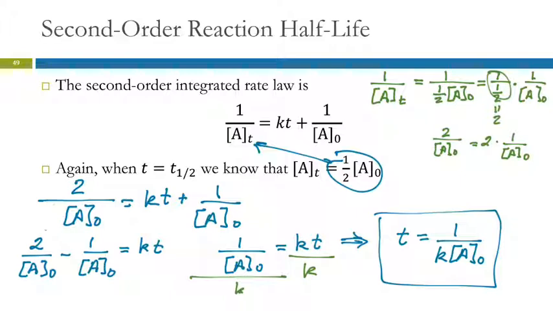So maybe let's think about it in a different way. And let's clear that out there. Instead of dividing by K, let's multiply by 1 over K. So times 1 over K. Those K's cancel out then, right?